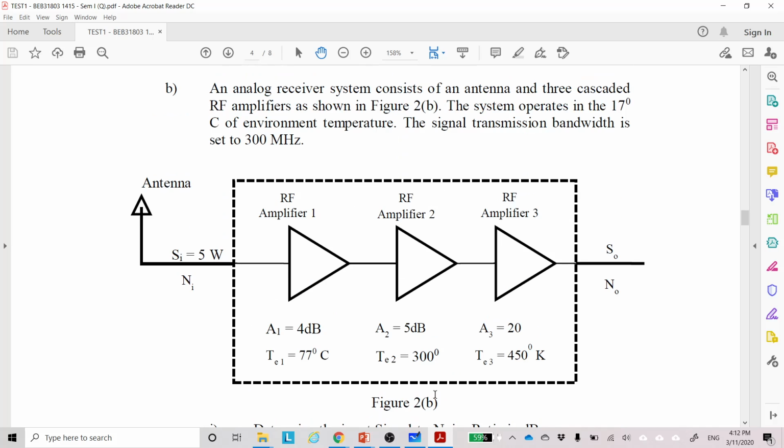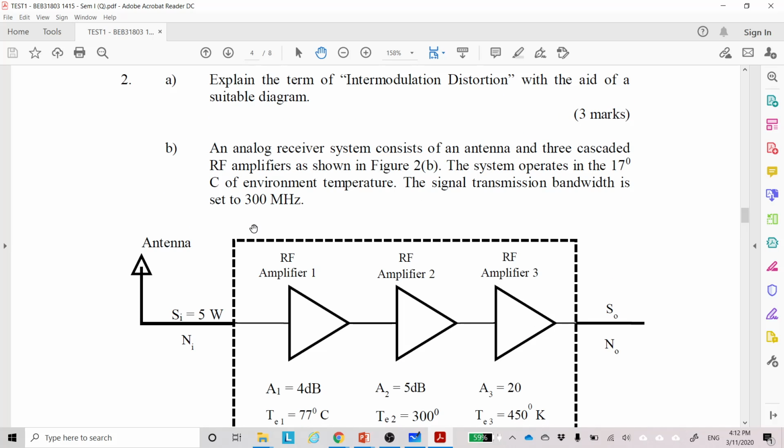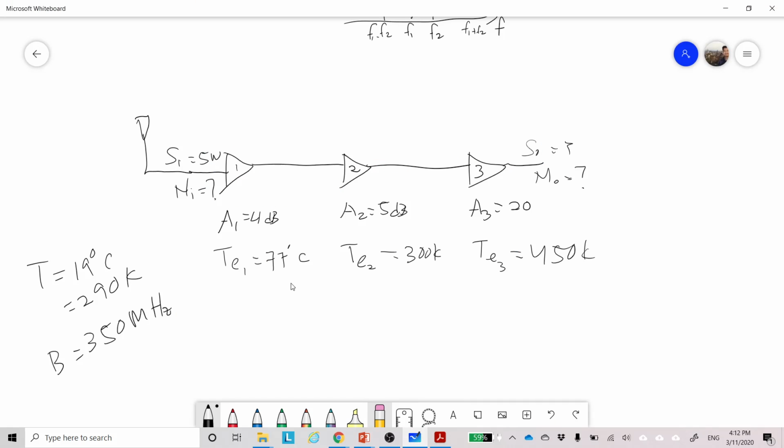Sorry, 300 MHz bukan 350. Pada awal soalan itu diberikan 300. Doktor, yang T tu 17 Celsius bukan 19. Oh, sorry. Okay, thank you. Dah betulkan?